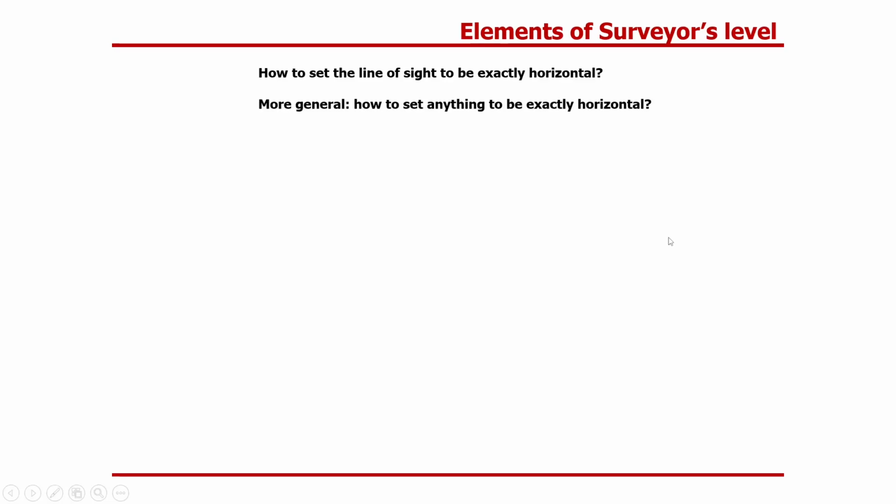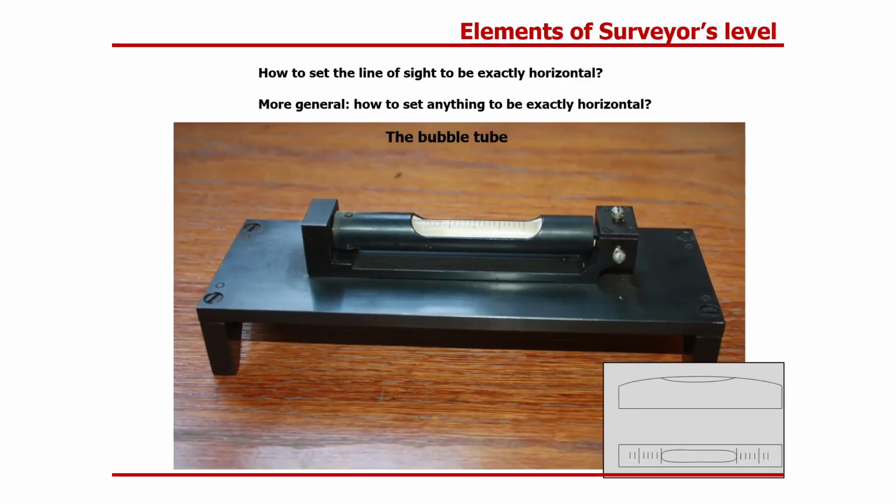Now, to set the line of sight to be exactly horizontal. More generally, how to set anything to be exactly horizontal. We use such kind of equipment as the bubble tube. The bubble tube has inside the tube a big radius, and the bubble stands in the middle of the tube while the tube is exactly horizontal.